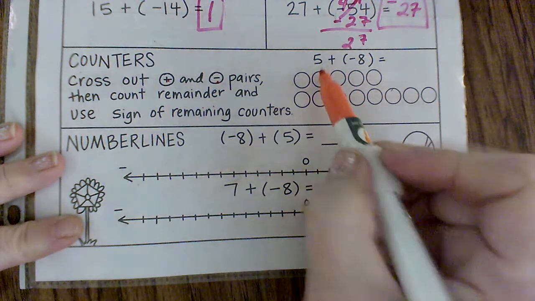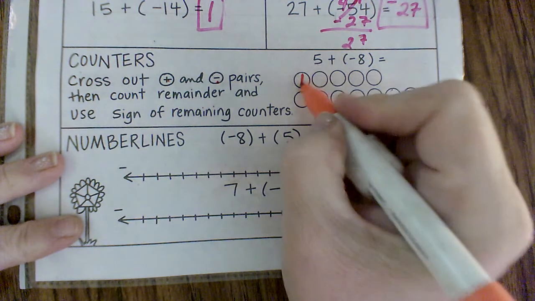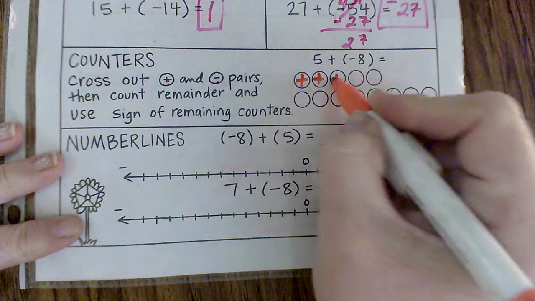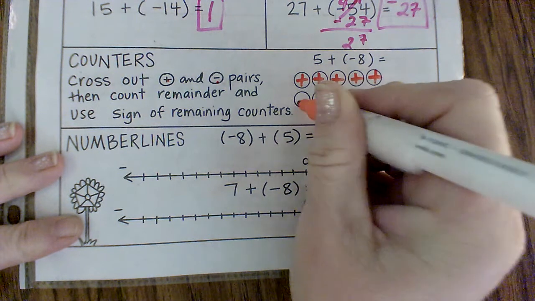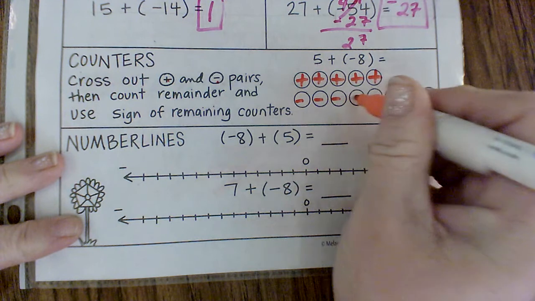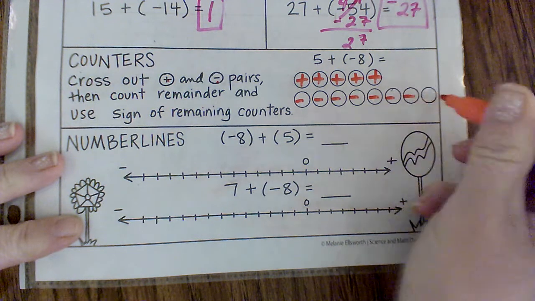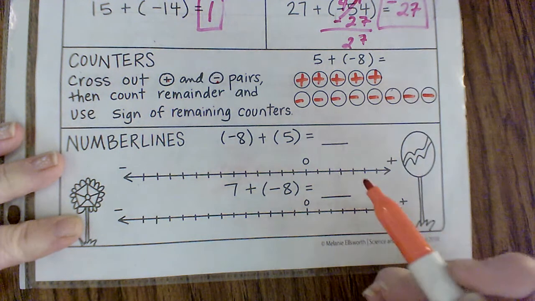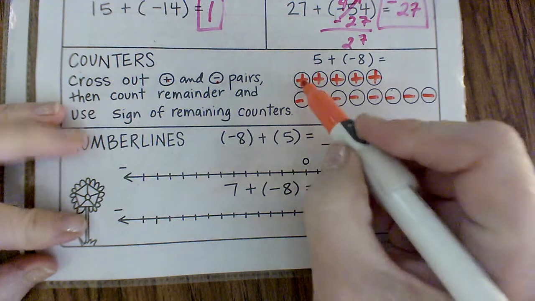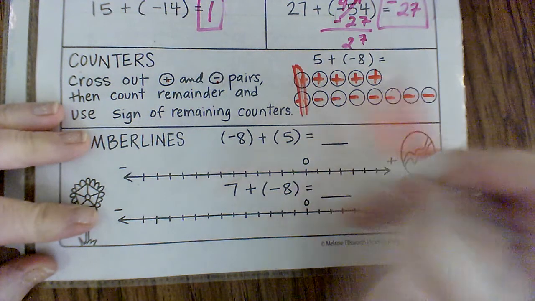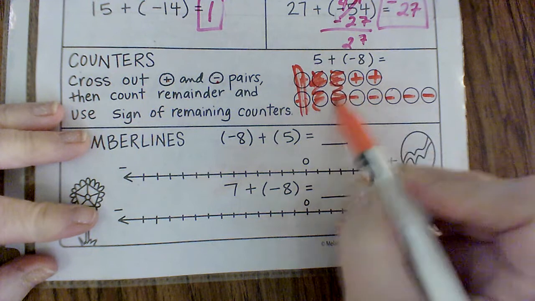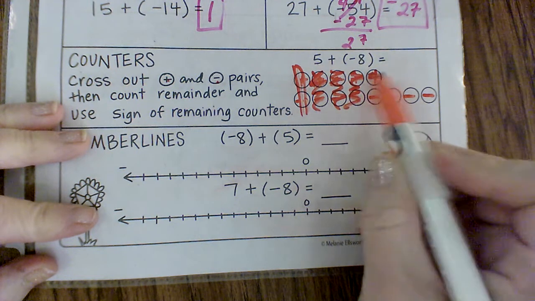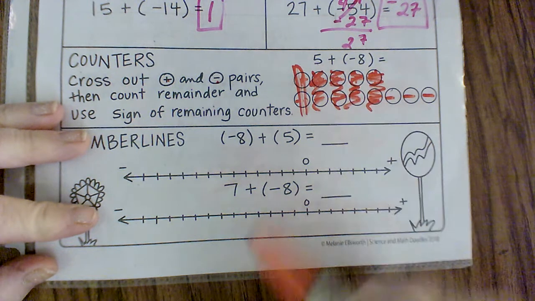So if I have 5 positives, 1, 2, 3, 4, 5, and I have 8 negatives, 1, 2, 3, 4, 5, 6, 7, 8, and then I begin to cross cancel basically. A positive and a negative, gone. Positive and negative, gone. Positive, negative, positive, negative, positive, negative. They're all gone. What do I have left?